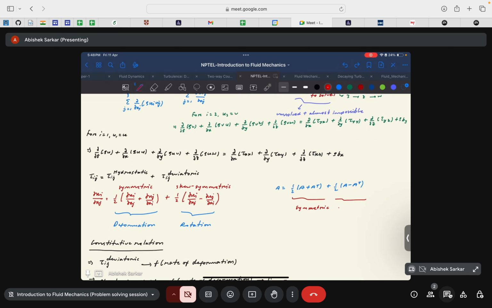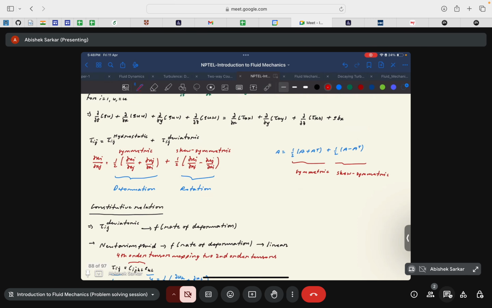Okay. Why is it skew symmetric? If you recall, all its diagonal components are 0, and if you transpose a matrix, the diagonal components remain the same. So if you subtract the transpose of the matrix from it, the diagonal elements will become 0 and it will give a skew symmetric matrix. Okay.